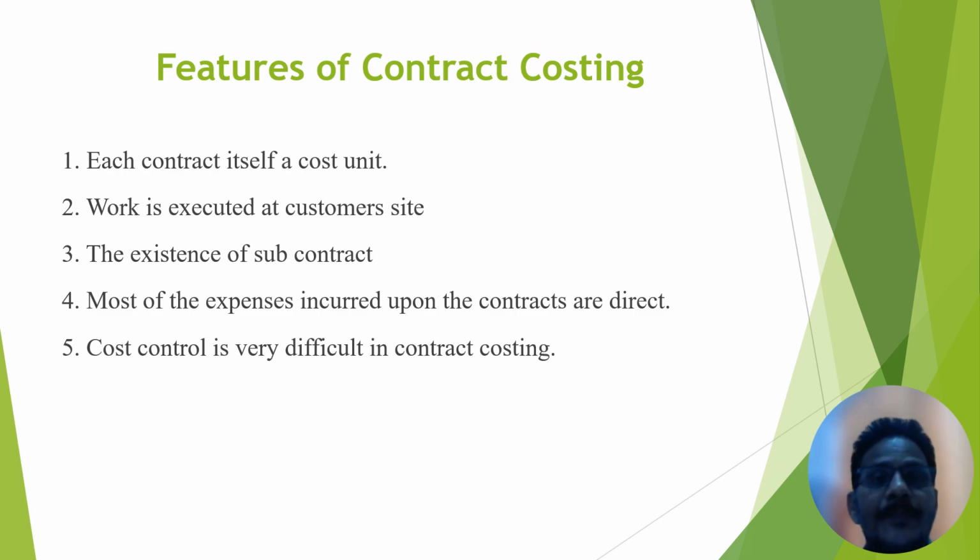Now after that, features. Here each contract is itself a cost unit. We measure each contract as a cost unit, and we calculate profit for each contract. Then, work is executed at a customer site.